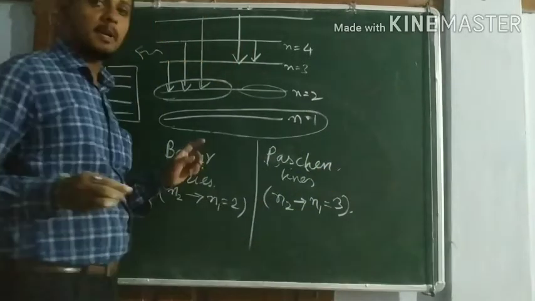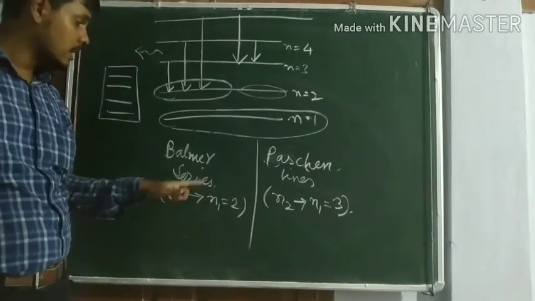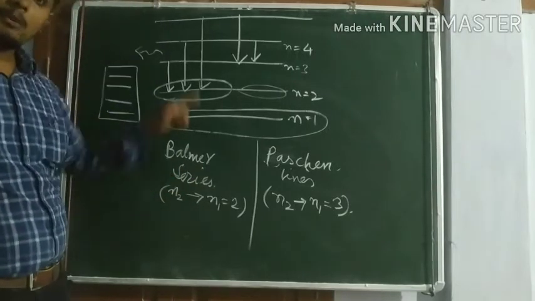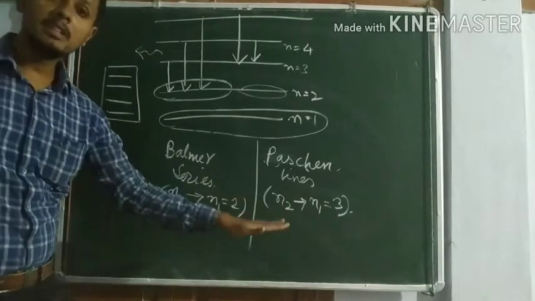Not P-fund, it is Paschen line. So Lyman lines are from higher to n equals 1, Balmer from higher to n equals 2, Paschen from higher to n equals 3.